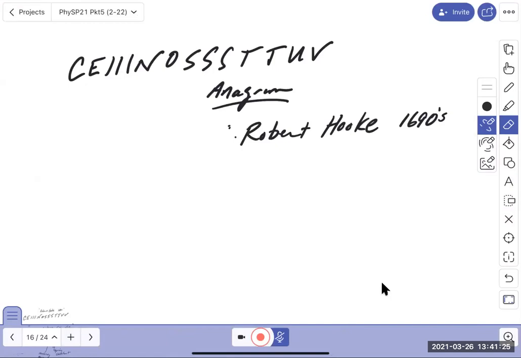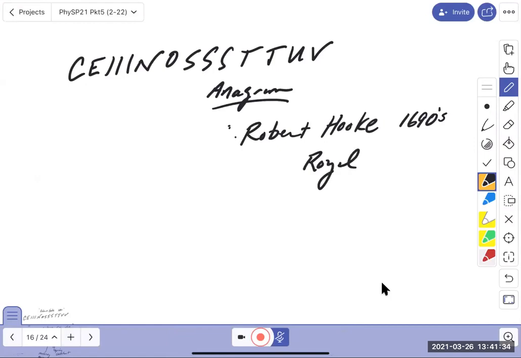Robert Hooke was with the Royal Society. He was the curator. The Royal Society was the first really science society, still around. It was the first science group of learned men. There were no women in it. It started around the 1600s.